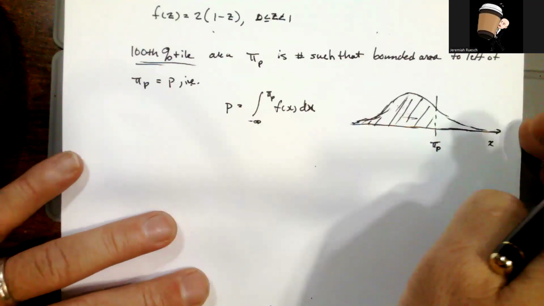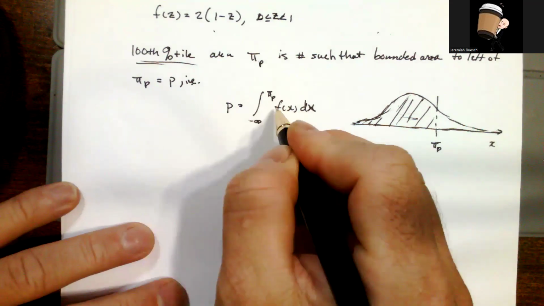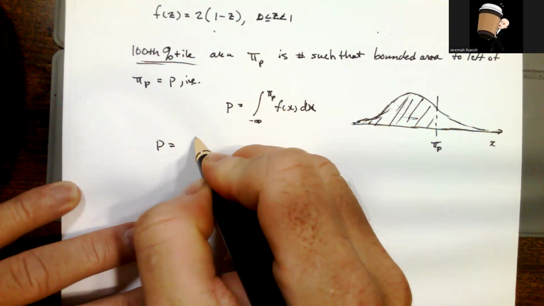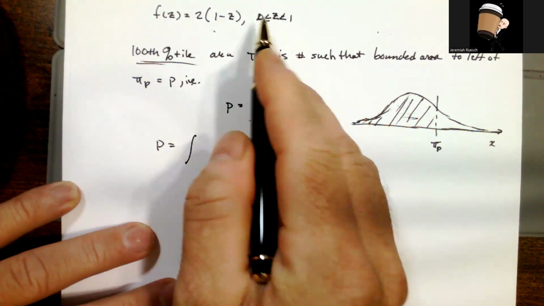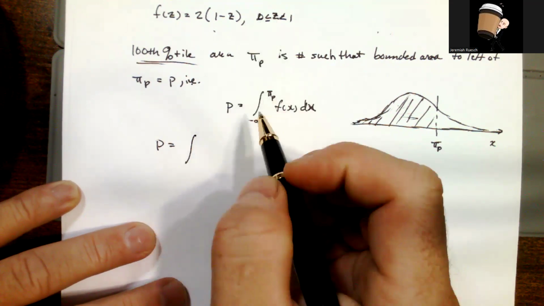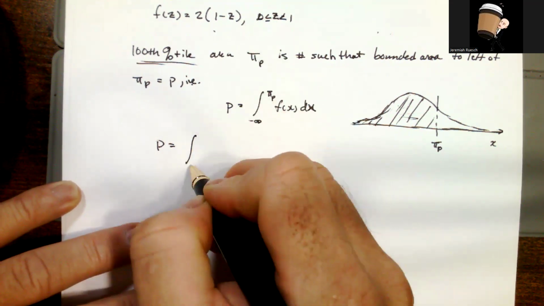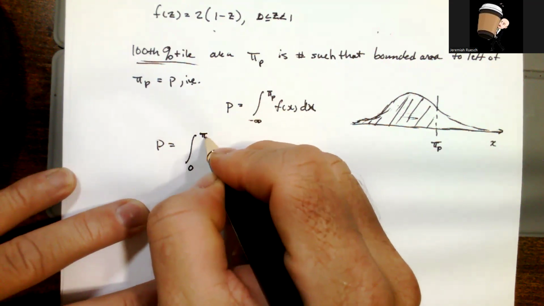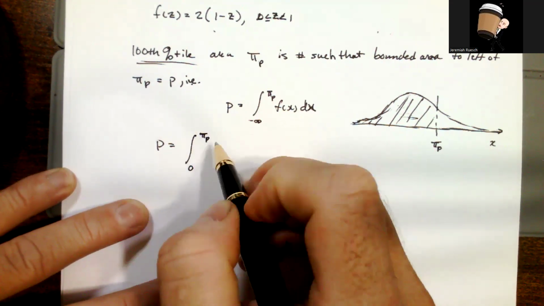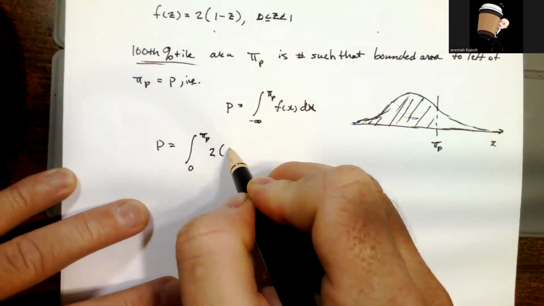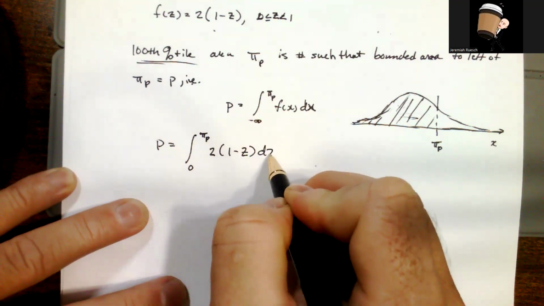So let's plug in our PDF and evaluate for some generic p. So we have p is equal to the integral. Our PDF is only defined for when z is greater than or equal to 0, so anything below that is going to be 0. We're going to integrate to some generic pi p, and that's what we're going to be solving for. For our integral, it's going to be 2 times 1 minus z dz.